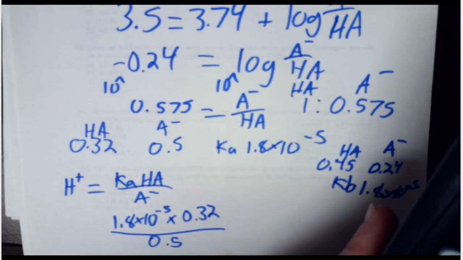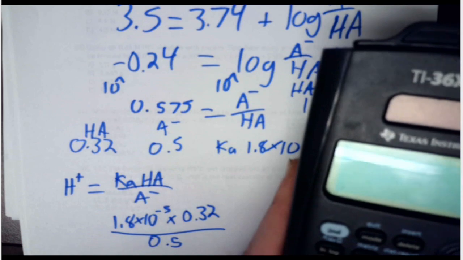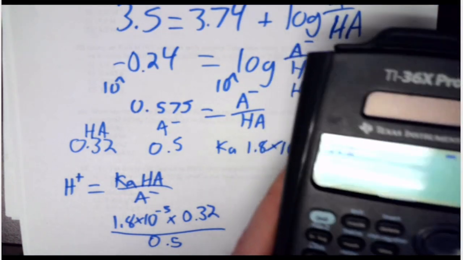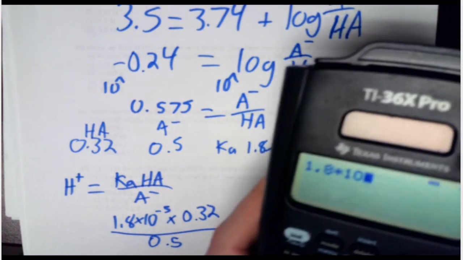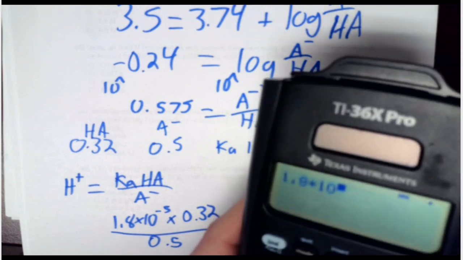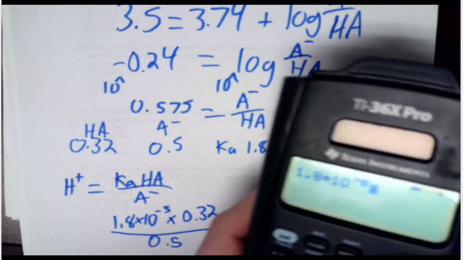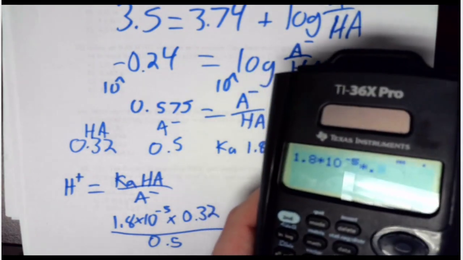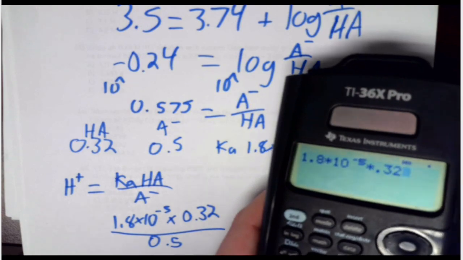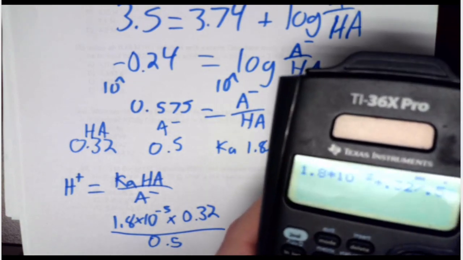So the concentration of H plus is going to be slightly less than 1.8 times 10 to the negative 5 times 0.32 divided by 0.5.